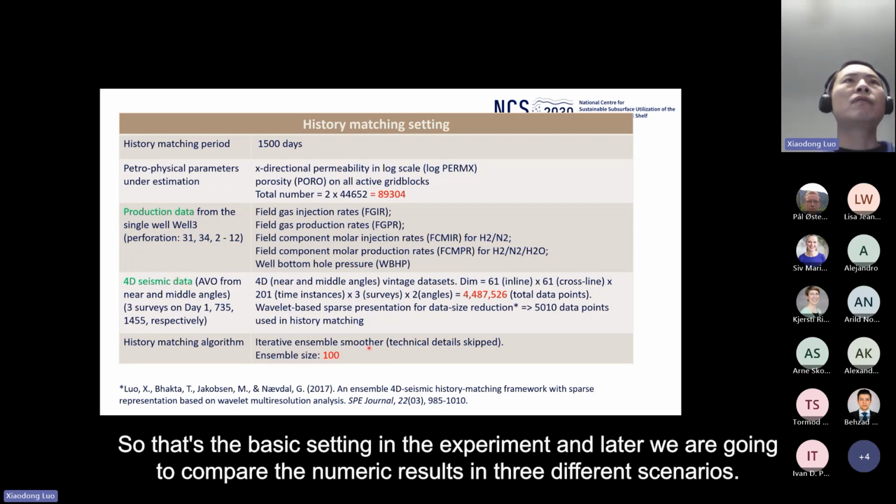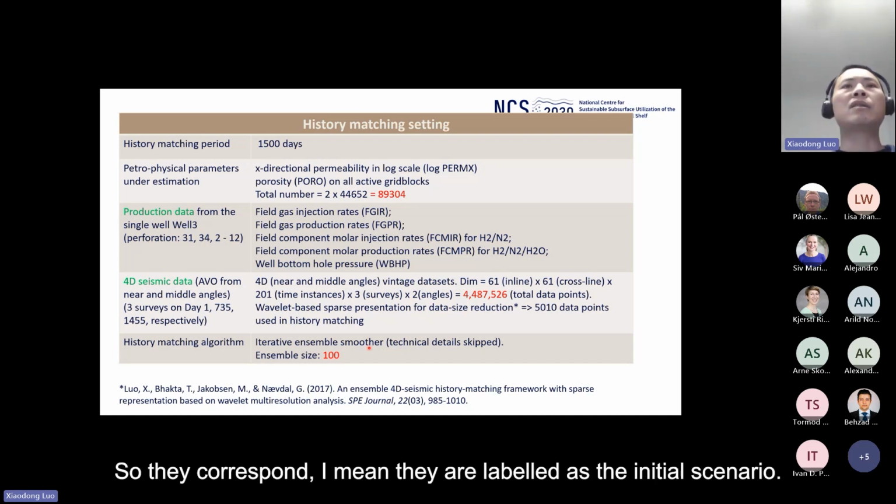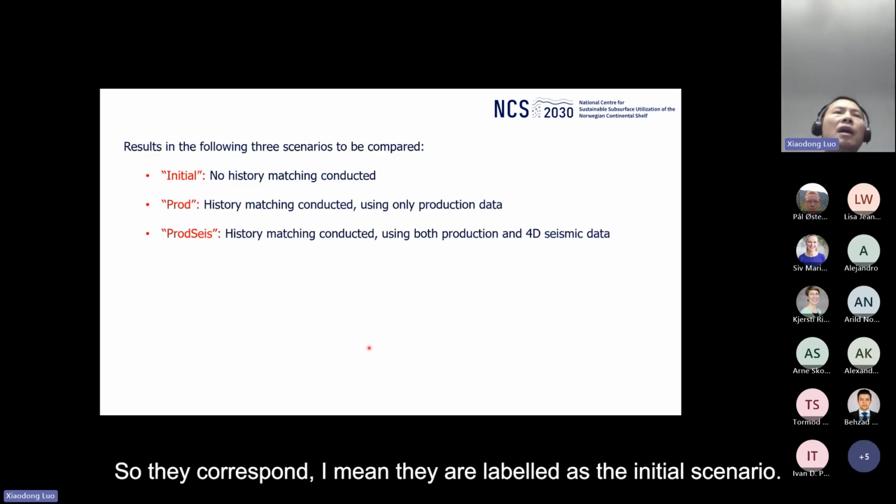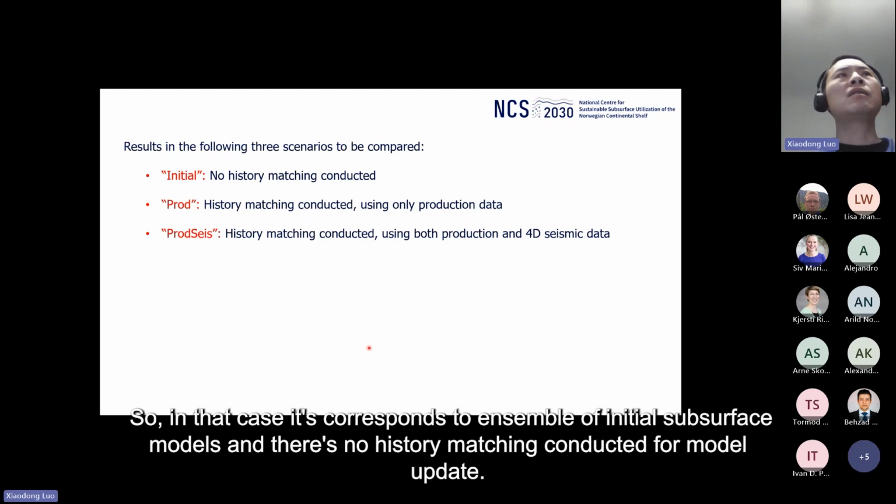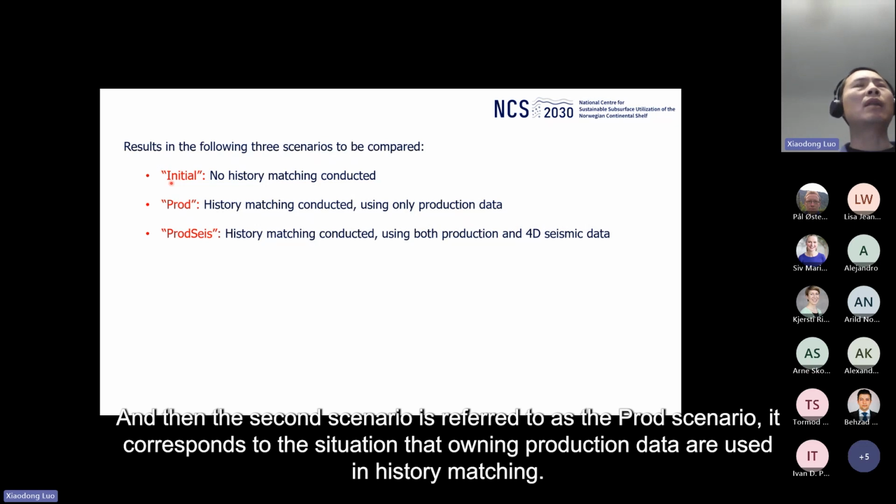Later we are going to compare the numerical results in 3 different scenarios. They are labeled as follows. The first is the initial scenario, which corresponds to an ensemble of initial subsurface models, and there is no history matching conducted for model update. The second scenario is referred to as the prod scenario.